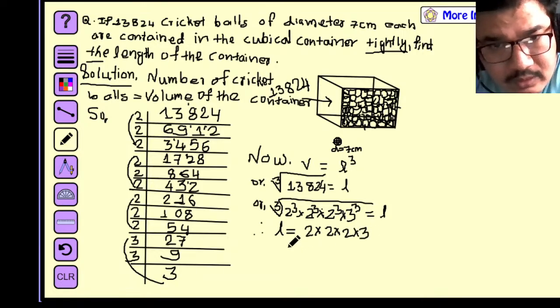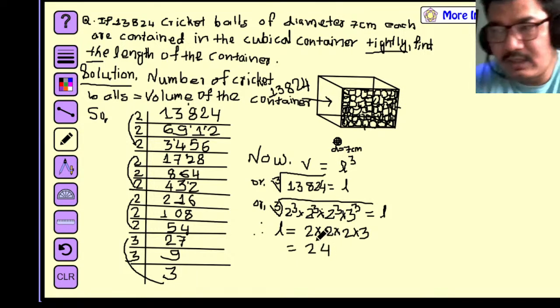Then we got 2 twos are 4, 4 twos are 8, 8 threes are 24, right?